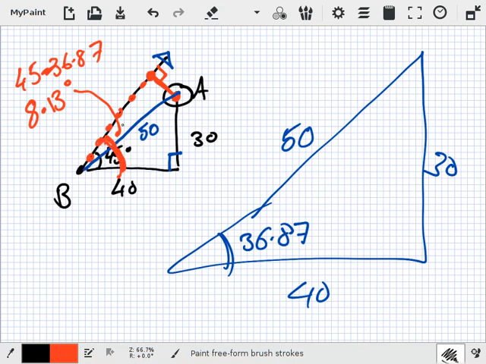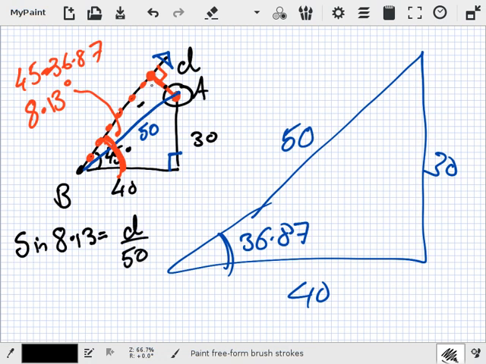Now why is that useful? Well, if I look at this triangle, I can work out this side now because I can use sine. I can say sine 8.13 is equal to opposite, which I'll call d, over hypotenuse, which is 50. The longest side is 50 in this triangle here.